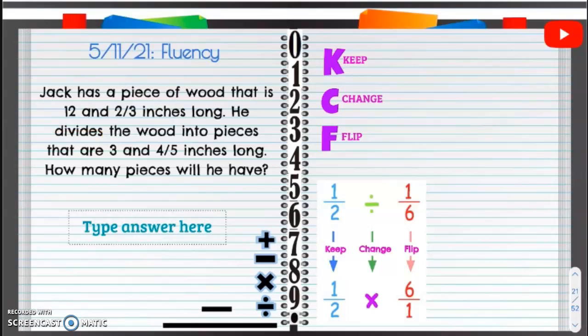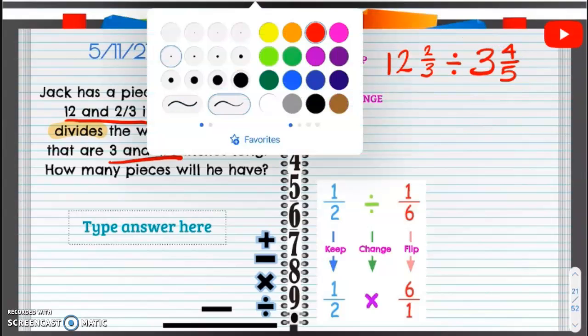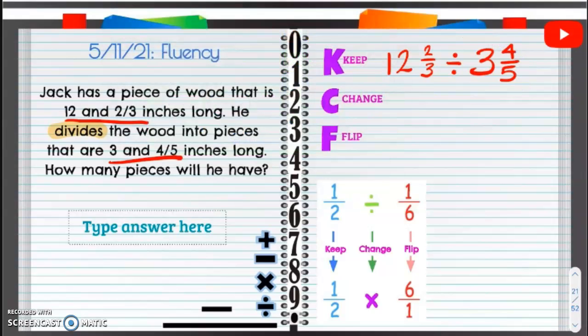We're going to divide. So we have 12 and 2/3 divided by 3 and 4/5. Now, when we take a look at that, we need to turn these into improper fractions.